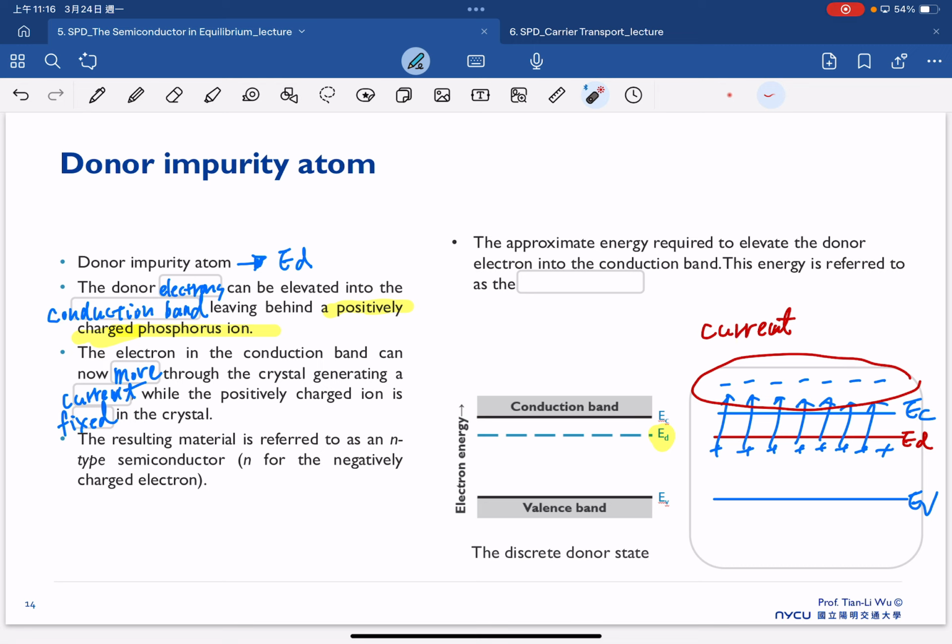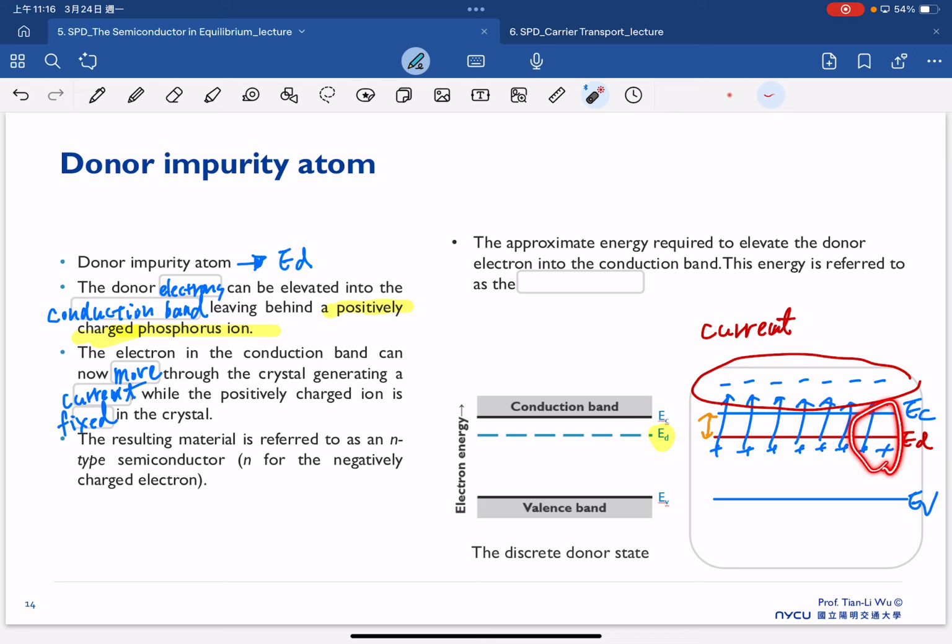And as you see, the critical action here is that the electron needs to jump from the donor energy level to the conduction band. Therefore, the energy difference between here is crucial.